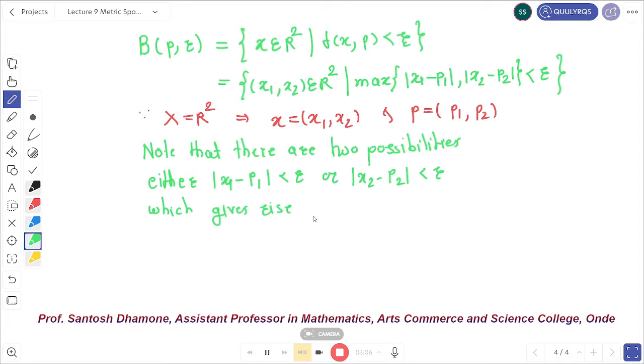If mod x1 minus p1 is less than r, then first, x1 minus p1 is equal to r, which implies that x1 is equal to p1 plus r.